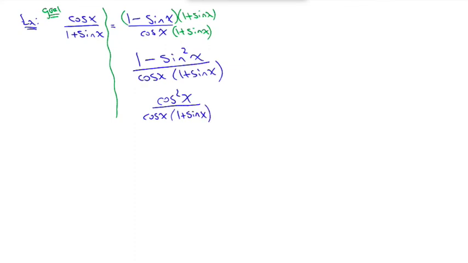Now what? You're going to be left with a cosine of x on the top. Cancel one of the cosines out, and you're left with that, which is the same thing as the other side. So it looked horrible in the beginning, but plugging that one little idea in there brings you right to the answer nicely.